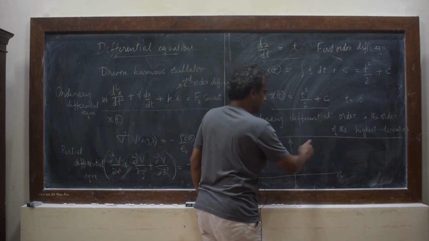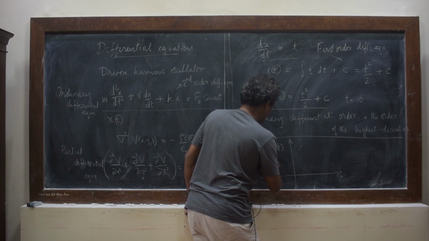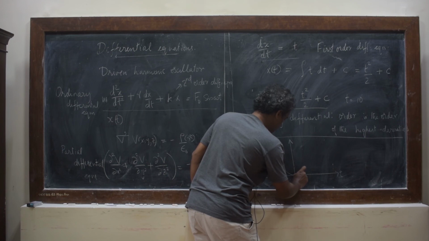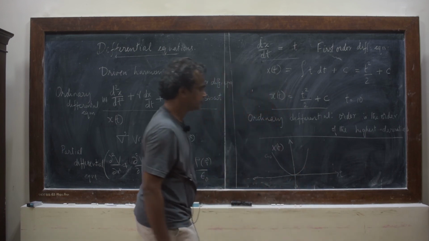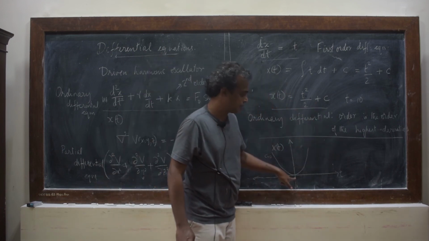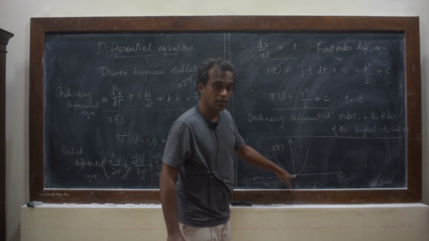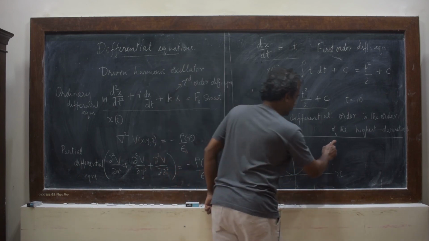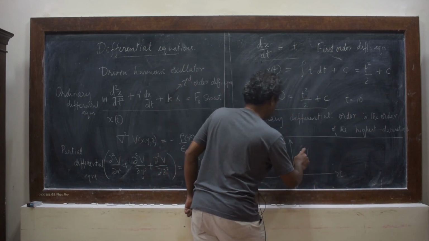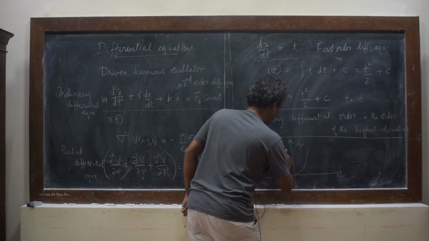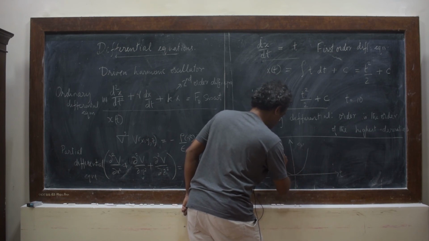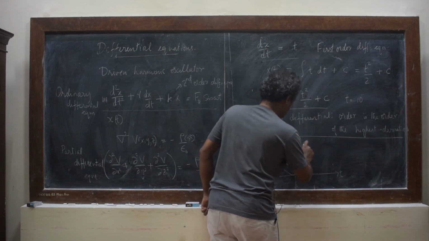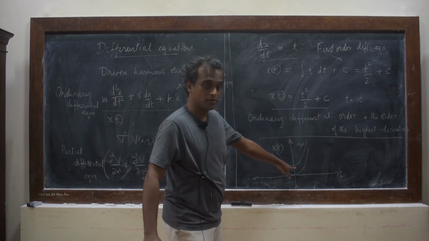For instance, if I set c equal to 0, we get a parabola of the form shown here, where the y intercept is at the origin. On the other hand, if I set c equal to 1, I get a parabola which has its y intercept at y equal to 1.